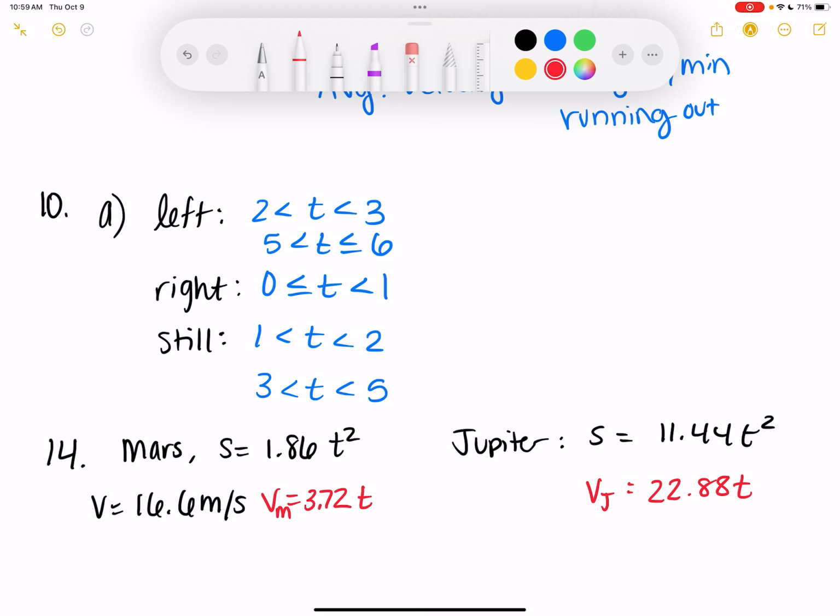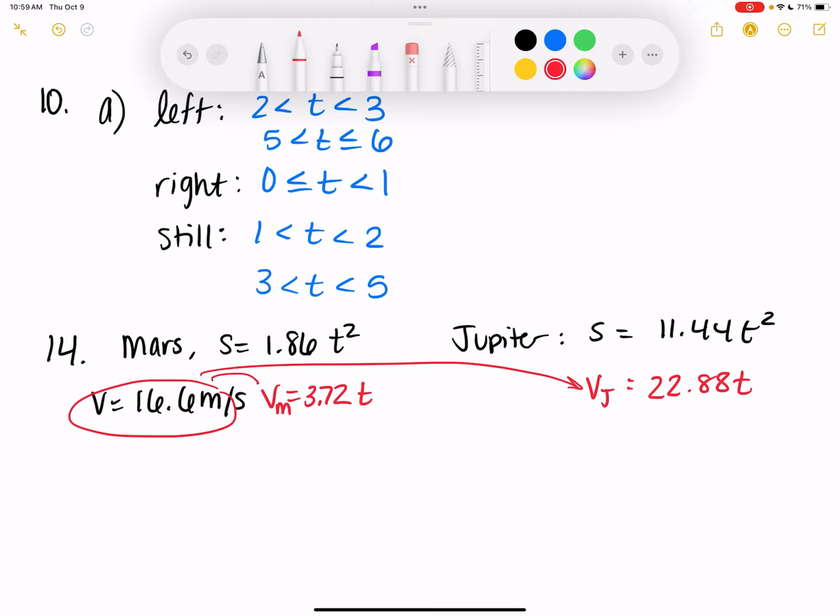I'm just solving for t, so I'm plugging in this velocity value both here and over here, because we want to know on each planet how long it takes to hit that. So I would have 16.6 divided by 3.72 is equal to t. And then over here, 16.6 divided by 22.88 is equal to t.